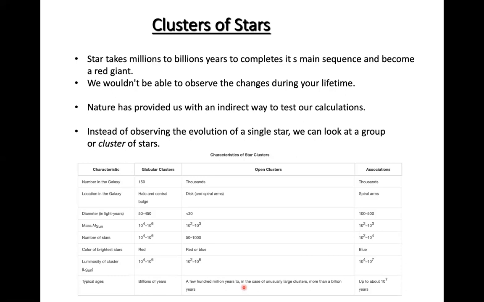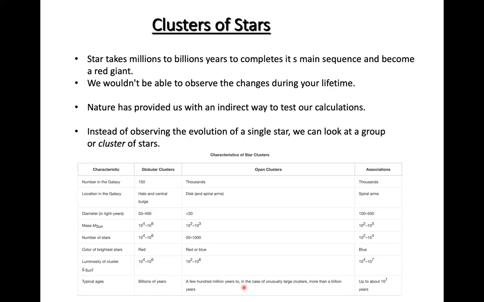And when these stars are formed initially, they roughly form at the same time, right? Because they are forming from one molecular cloud, they will form at the same time. So because of that, they will have the same kind of age, right? Now this is why star clusters are important when we study different properties.